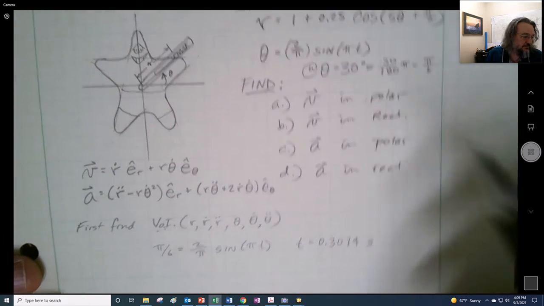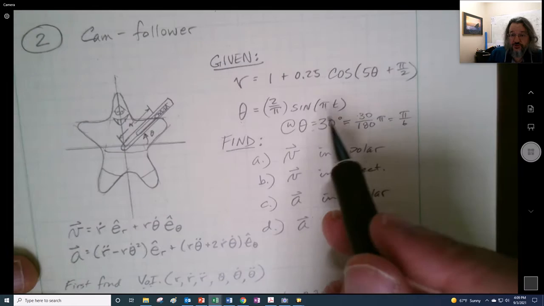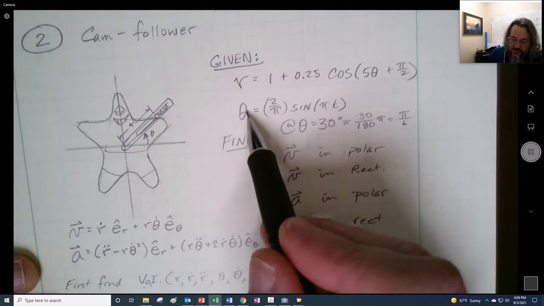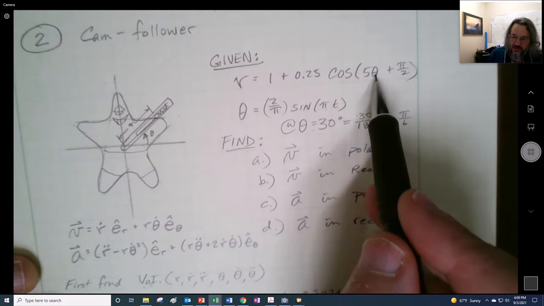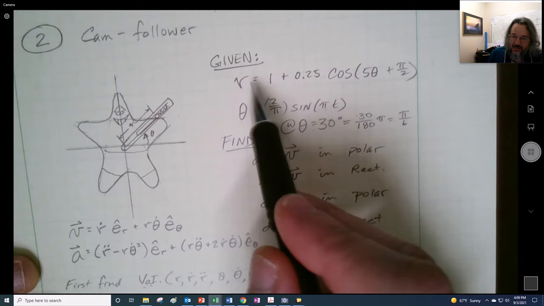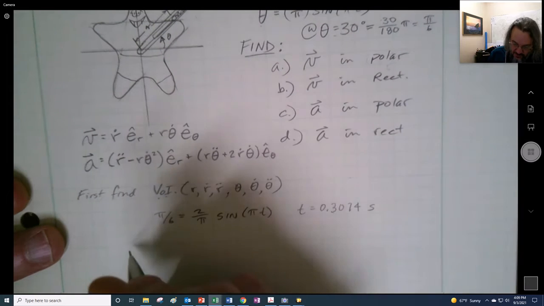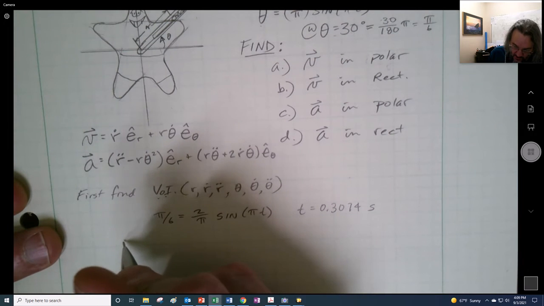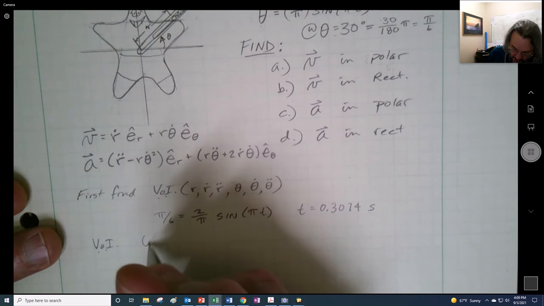All right, so what we want to do first, we could do either one of these first, but we will quickly find that we're going to need to get a theta dot at some point. So let's just take the derivative of theta with respect to time. So I'll write these out, right? So here's the VOI. I'm going a little slower than I should.